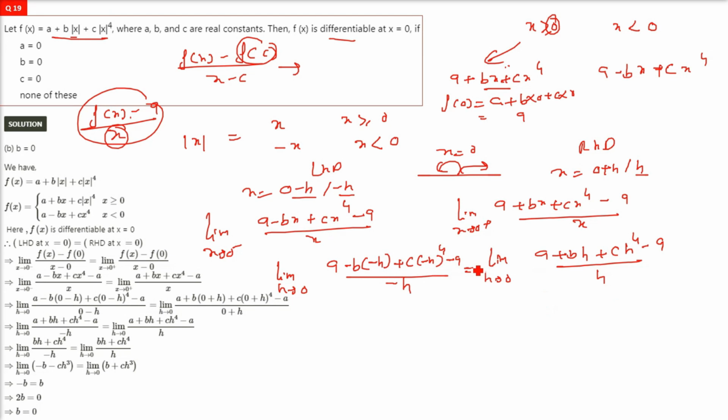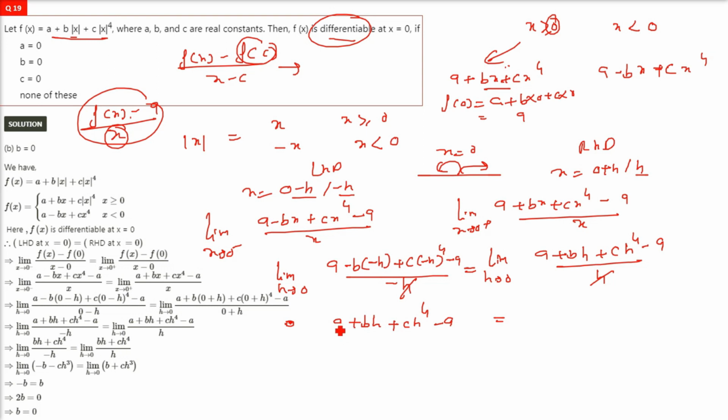Now, since the function is differentiable at x equal to 0, which is already given in the question, this h you can cancel. You have equated now, and now you can just apply the limit h tends to 0. So you get a, minus minus becomes plus bh, minus h to the power 4 is plus h, so it will be ch to the power 4, minus a, is equal to, there is a negative outside, we have a negative here, so we'll just take this negative.